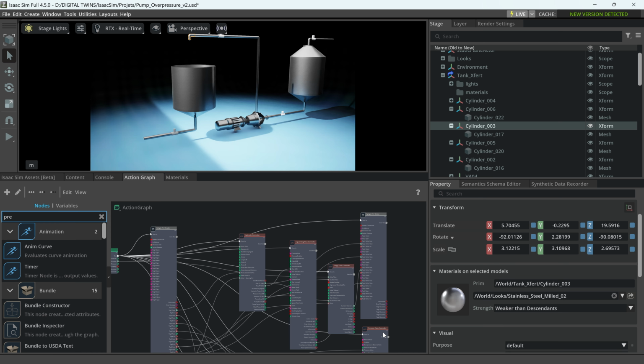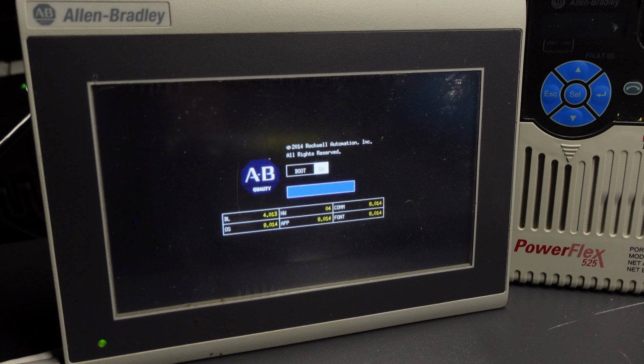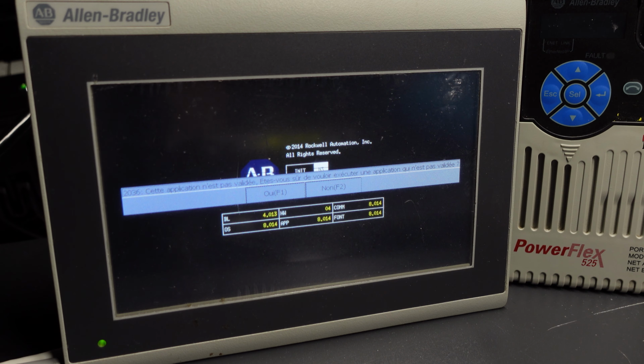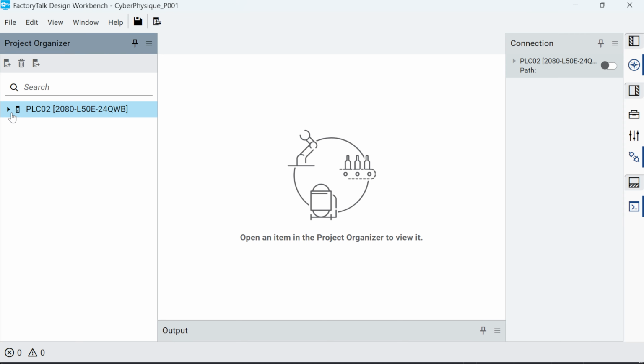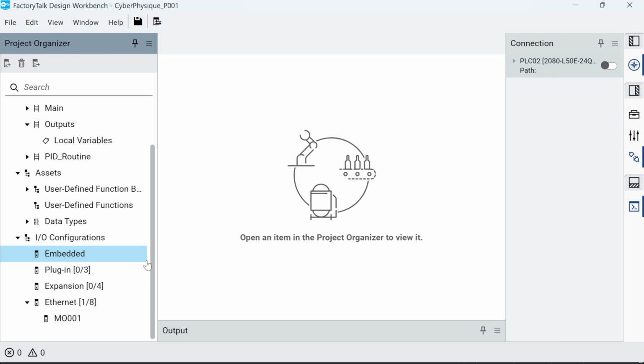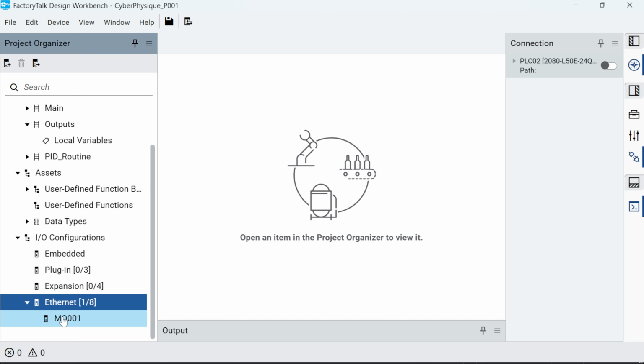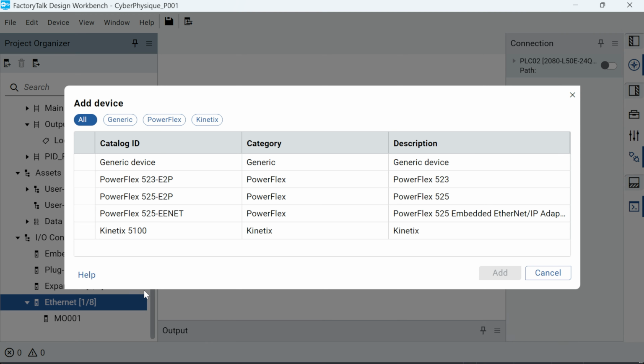In a real installation, the pump will be controlled by a variable frequency drive. In this setup, we use a PowerFlex 525 drive inside the PLC project. However, this specific drive requires 480 volts three-phase power, which is not available in this lab.